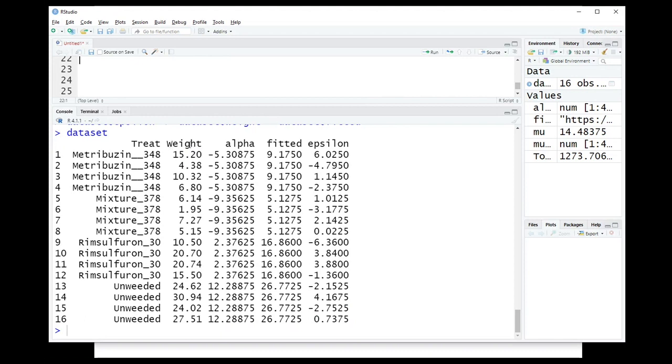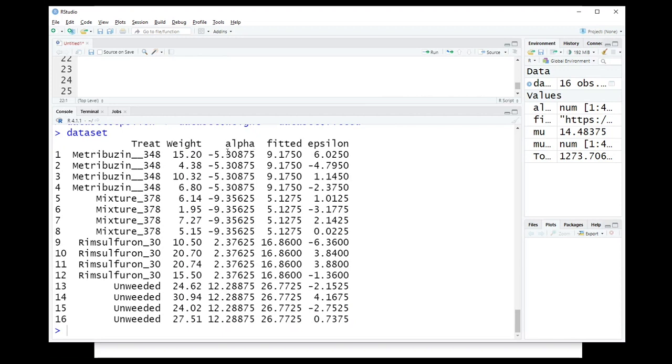We have the observation here. We have the effect of the treatment, alpha. What does this mean? It means, okay, I have mu, that is the overall mean, which is 14.5. In this case, the treatment effect subtracts something from the overall mean.